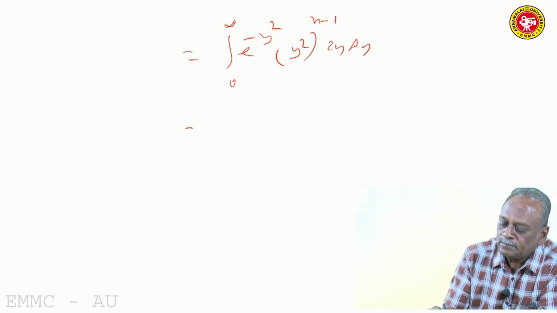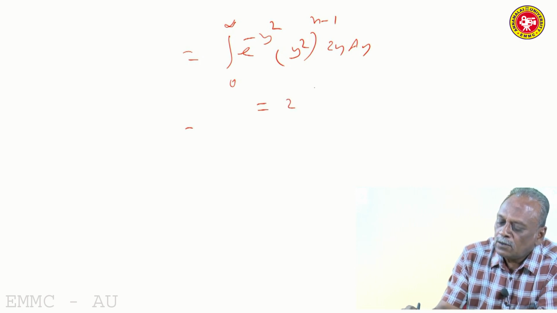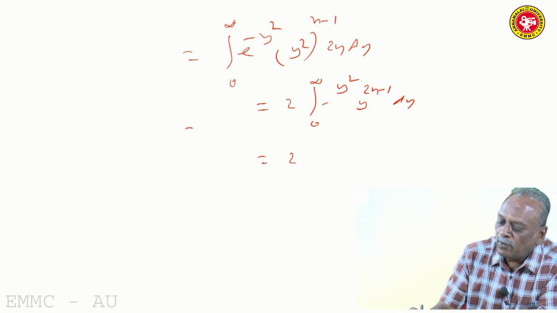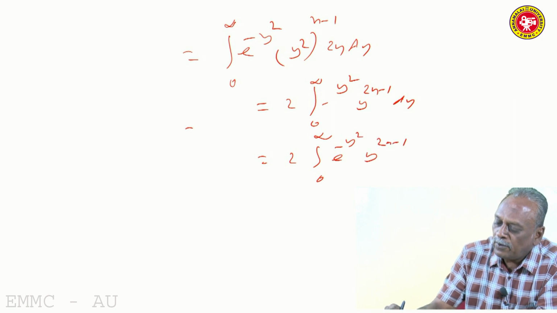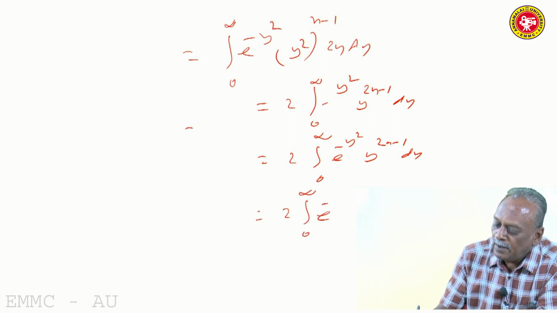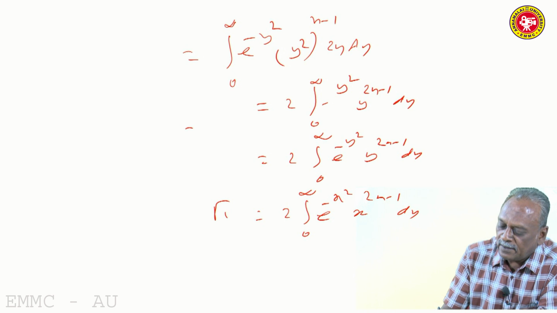That is twice integral 0 to infinity e power minus y square y power 2n minus 2 into y, that is y power 2n minus 1 dy. Since y is a dummy variable, we can write twice integral 0 to infinity e power minus x square x power 2n minus 1 dx. So this is another form of the gamma function.